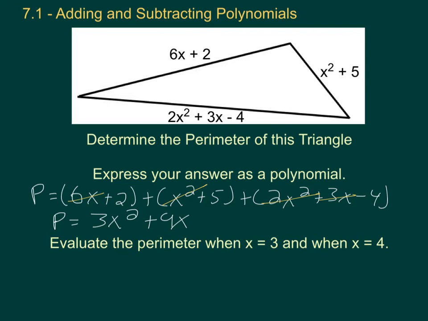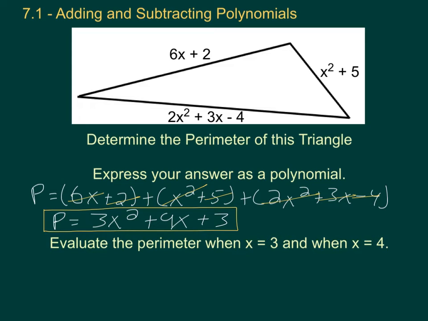I've got a 2, adding 5 would make 7, and then I'm going to subtract 4. So 2 plus 5 is 7, minus 4 is still positive, it's plus 3, and that's using these 3 right here. So now I've combined all of my like terms, and this is the expression for my perimeter. It's 3x squared plus 9x plus 3.